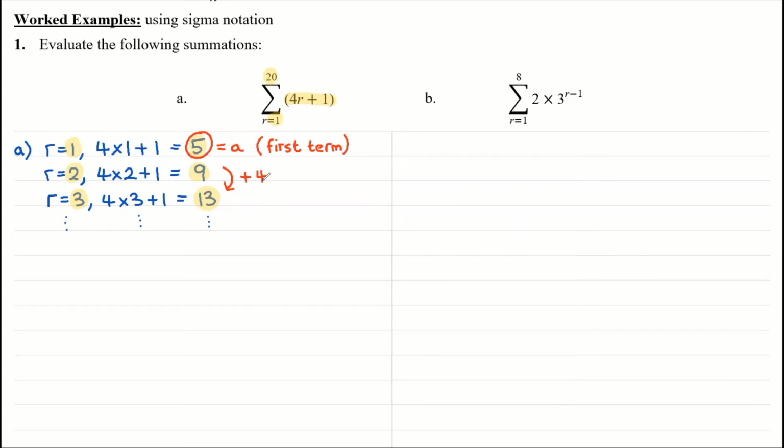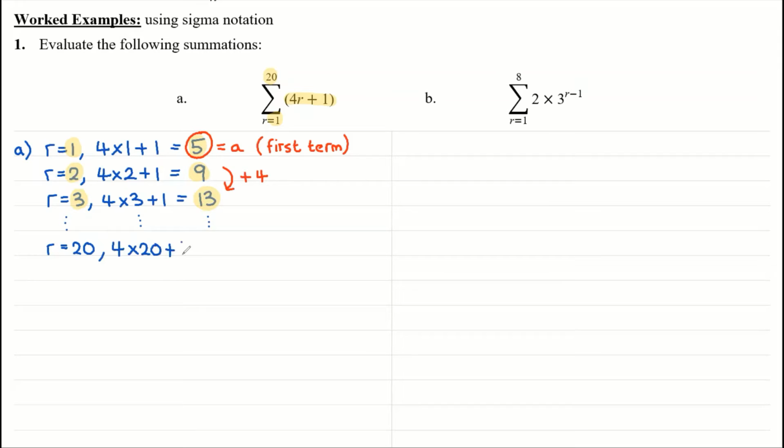Now, the reason why is I don't want to have to write out the entire sequence and find the sum of the series explicitly by writing out all 20 terms and adding them together. That wouldn't be a good use of time. What I can do, though, is I can quickly find out what the last term is. Now, we're summing the first 20. So if I write in r equals 20 here, we're going to have 4 multiplied by 20.